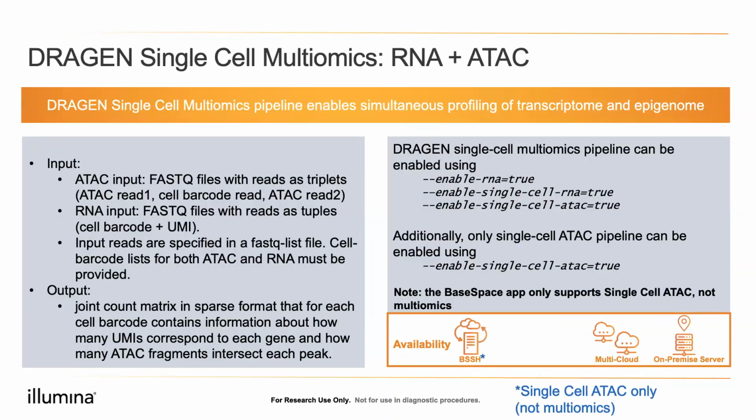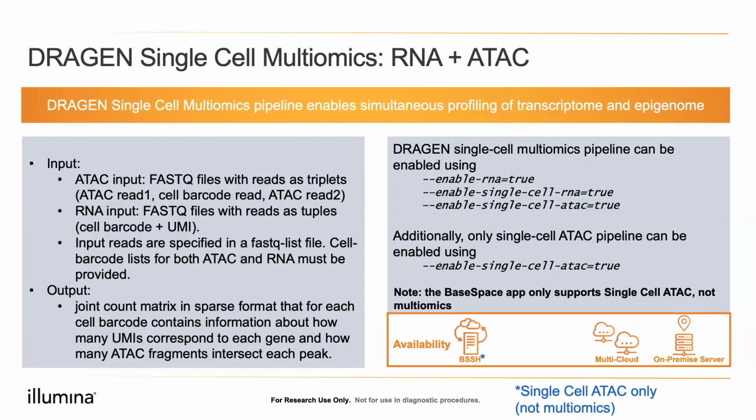As input, the ATAC takes in FASTQ files with reads as triplets, as well as RNA input, and then input reads are specified in a FASTQ list file. The output is a joint count matrix in sparse format for each cell barcode, which contains information about how many UMIs corresponded to each gene and how many ATAC fragments intersect each peak.